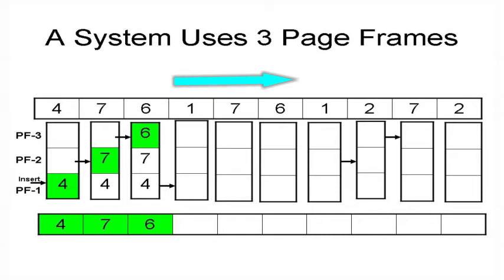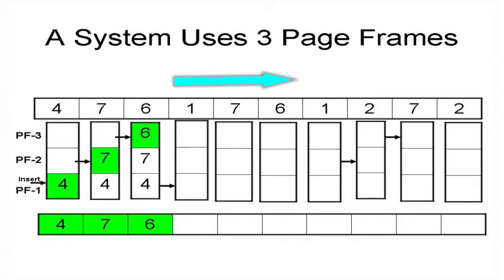Which one will be replaced? You should use the mechanism: which reference will come out last on the right side of 1. First comes 7, then 6, then 1, then 2, then 7, then 2, but 4 does not come, so 4 will be replaced by 1.